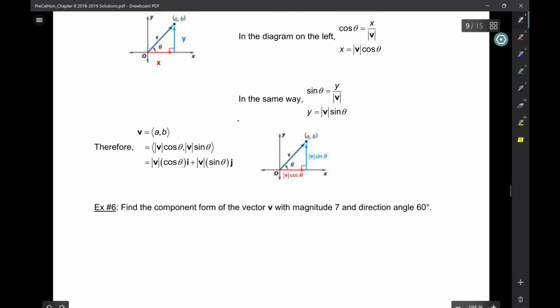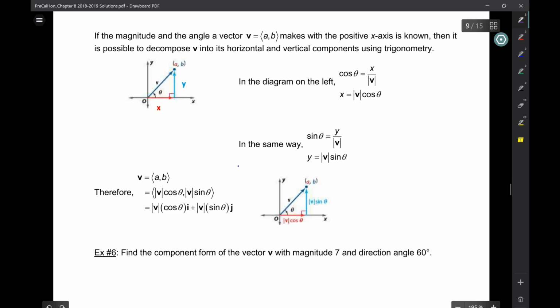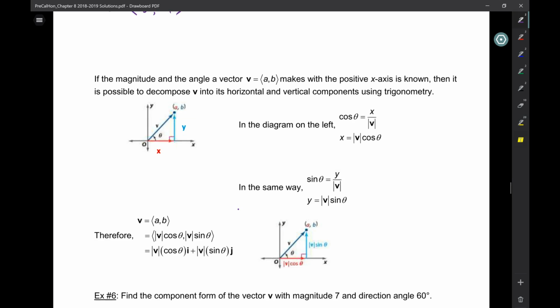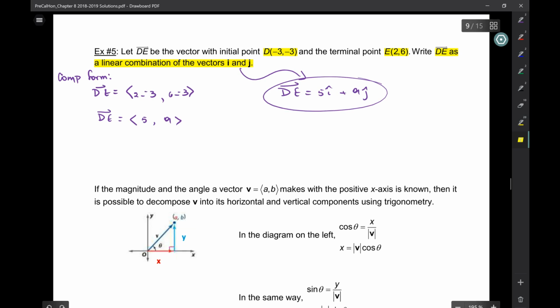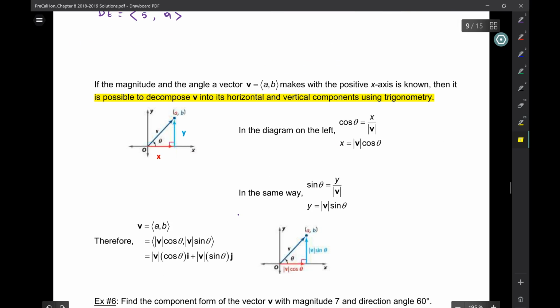Okay. All right, so let's go into some real stuff. If the magnitude and the angle a vector makes with the x-axis is known, so if you know the magnitude of a vector v and the angle, then you can decompose it into horizontal and vertical components. We've already done this.